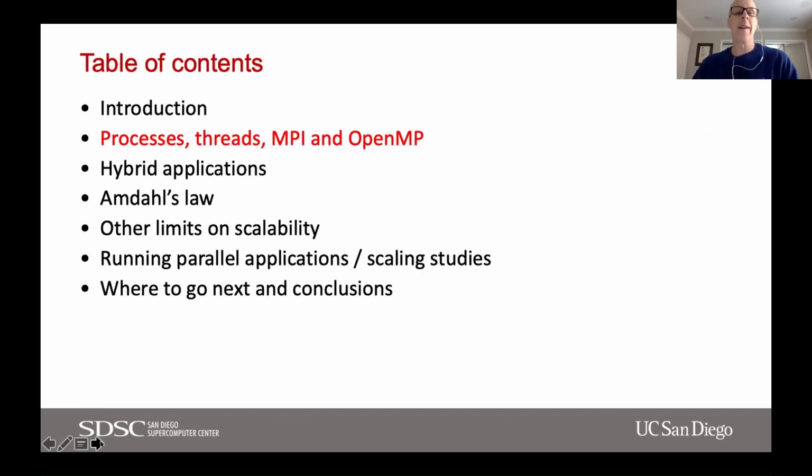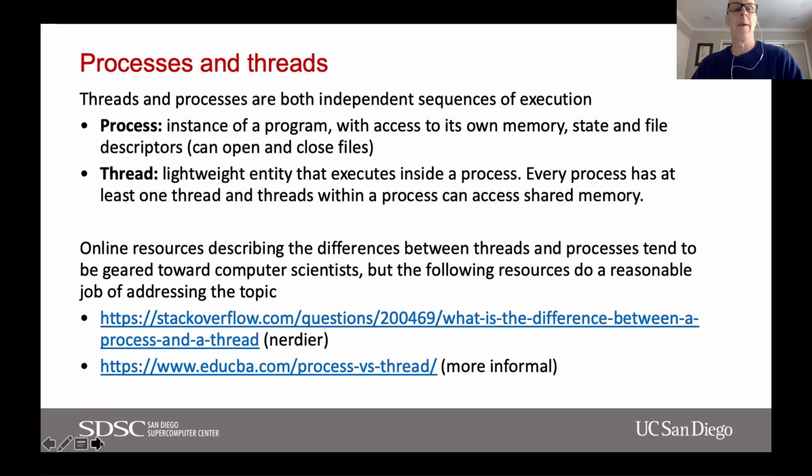Okay, so I'm going to start getting into a little bit of the more technical content. We're going to shift gears. We're going to talk about processes, threads, MPI, and OpenMP. You've probably heard about processes and threads before. This is often a fuzzy concept for most folks who aren't deep into parallel computing or computer science.